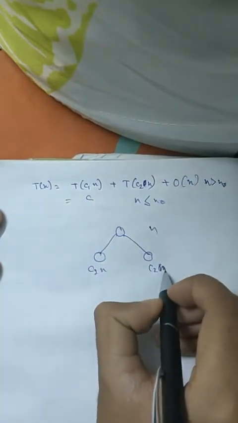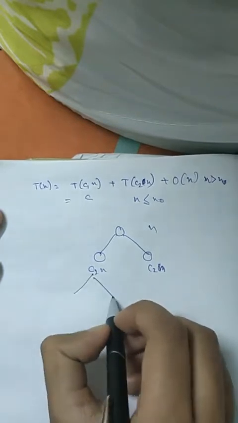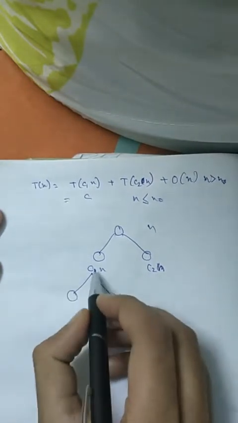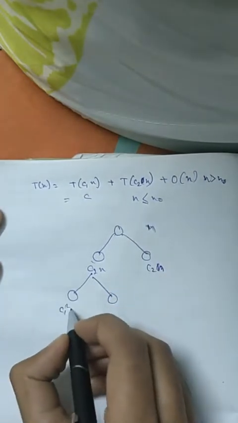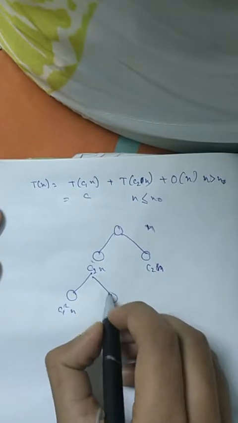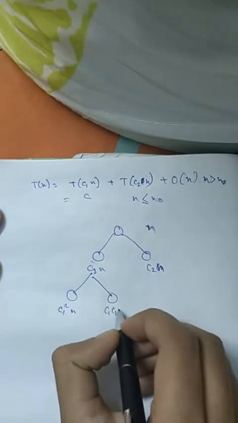Okay, and this division continues. So replace n with c1 n, we get this as c1 squared n, and this as c1 c2 n.